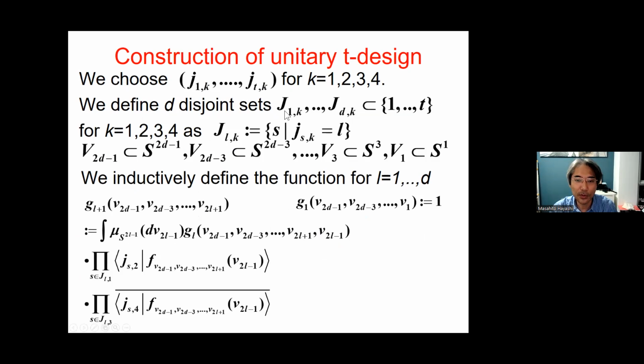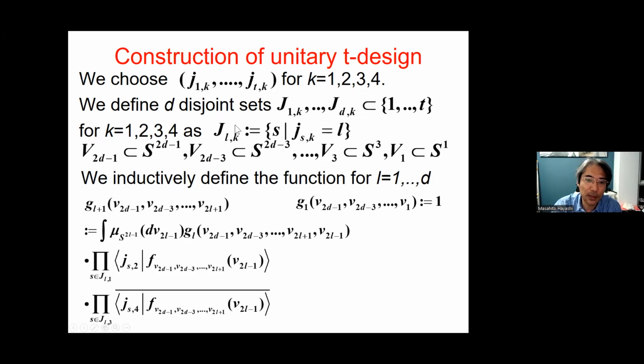This subset is defined in this way. There is L, where L is an element of 1 to D. For each L we need to identify the set S of these indices. So we collect the elements of index S such that J_S^K equals L. So we define this subset.